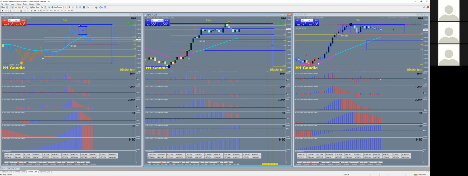The pound Aussie is trying to do something now. And pound dollar looks the most promising in the long term, but the OSMA is flat for the H3 and H10.